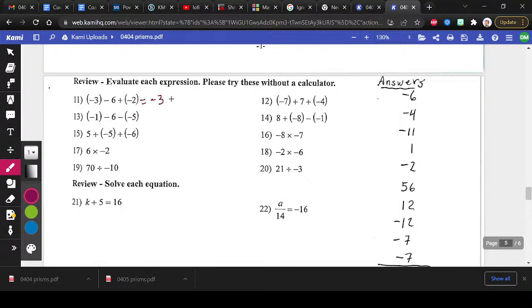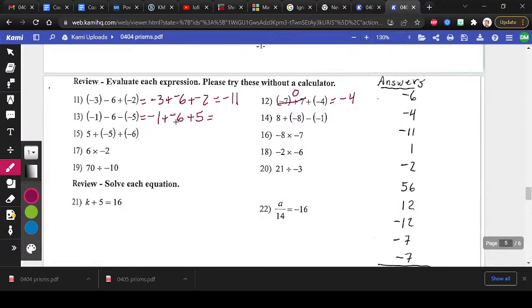This is -3 plus -6 plus -2. These all have the same signs, so 3 plus 6 is 9 plus 2 is 11. That's -11. Here we have a -7 plus a 7, that's a 0. 0 plus -4 is just -4. Here we have -1 plus -6 plus 5.